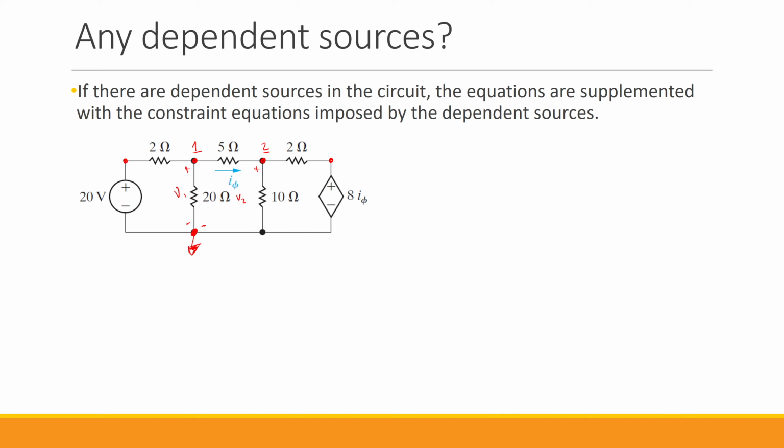Let's do this for node 1. We want to find the current that leaves node 1 and goes through this 2 ohm. So we have V1 minus 20 volts divided by 2 ohms, plus we have this one, which is V1 divided by 20.